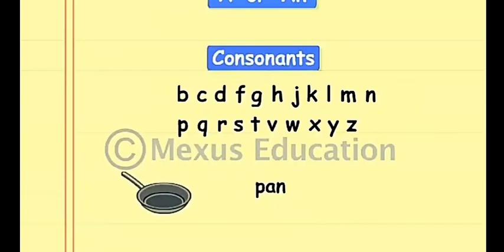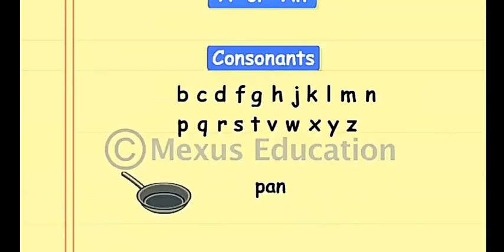J, jug, a jug. K, kite, a kite. L, a lion. M, a monkey. N, a nose. P, pan, a pan. Q, a queen. R, a rat. S, a shop. T, a tiger.